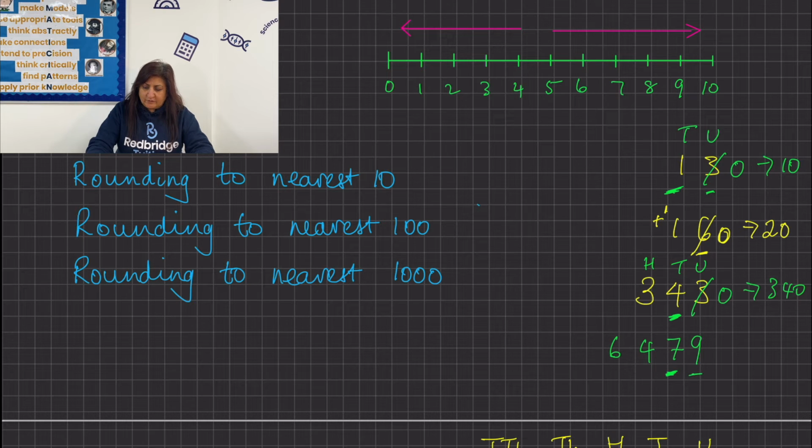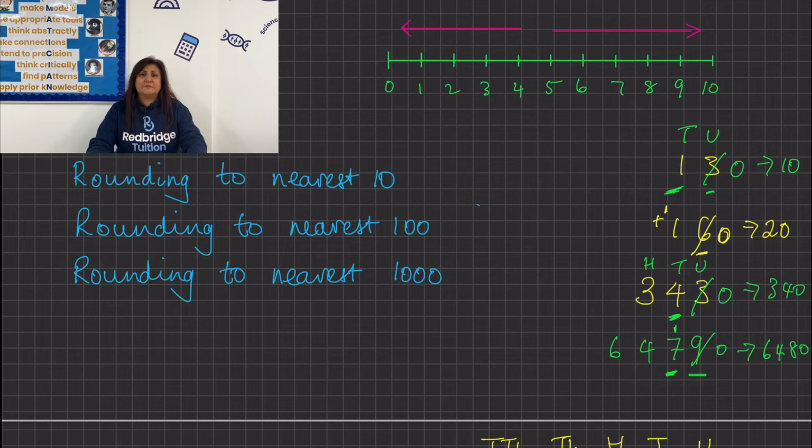So we look at whether we're rounding the 9 up or down. 9 will round up, we know that. So that will become a 0, and you add 1 to your tens column. Notice that the 6 and the 4 stay exactly as they are, therefore your number rounded to the nearest 10 will be 6,480.